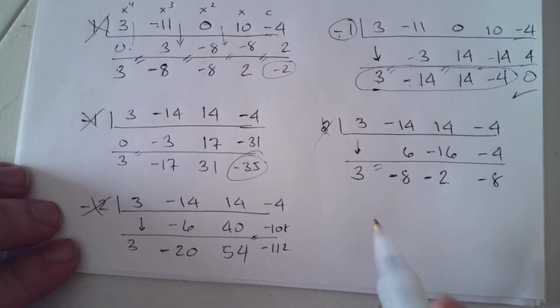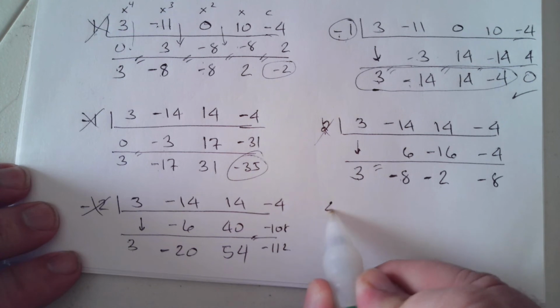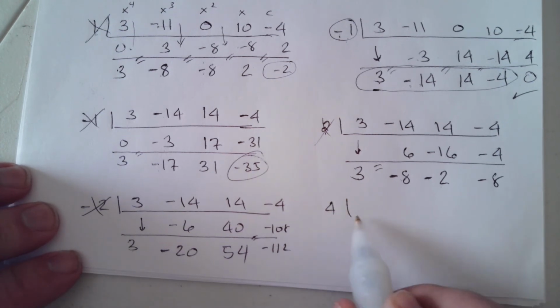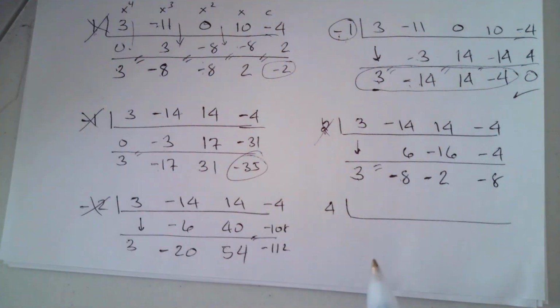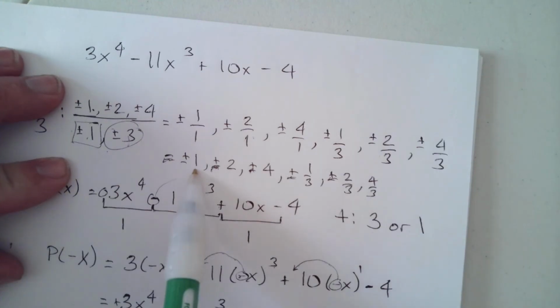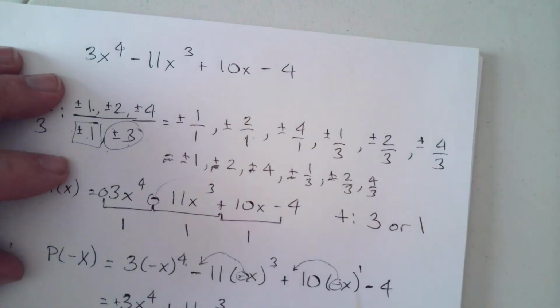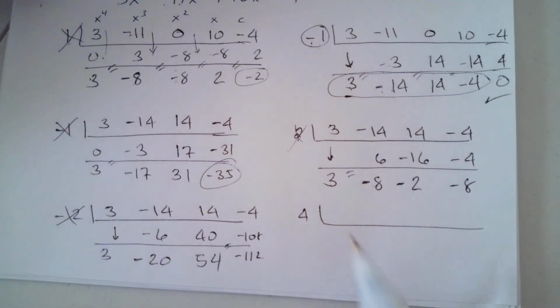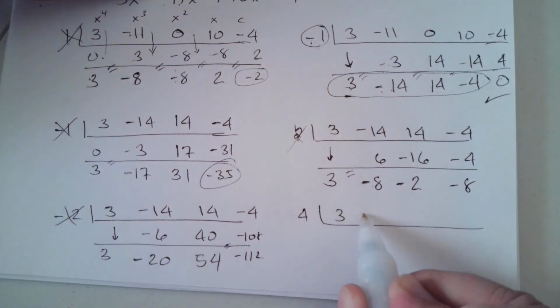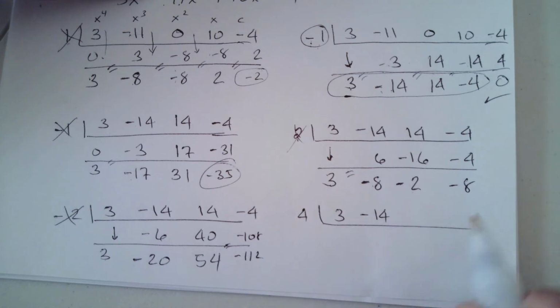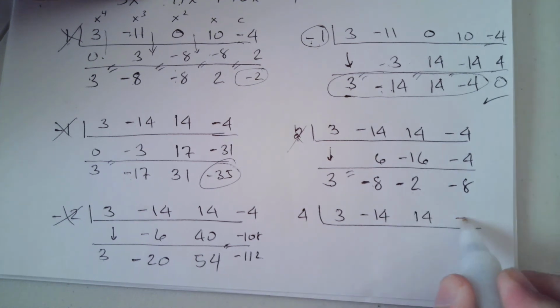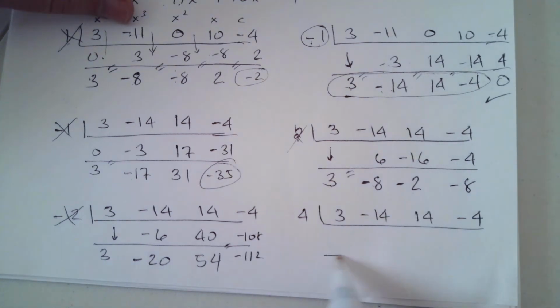All right, so now next number we try is 4. From our list here, all we have to do is try the positive since we already found our negative. 3, negative 14, 14, negative 4.